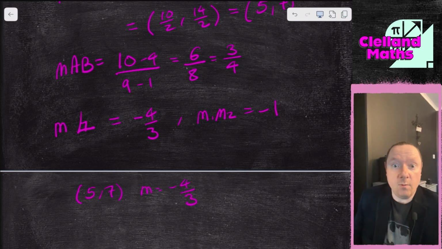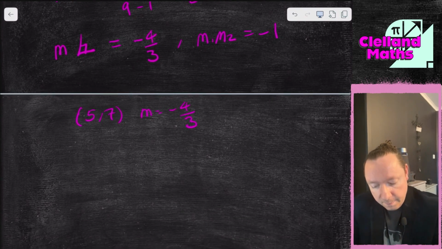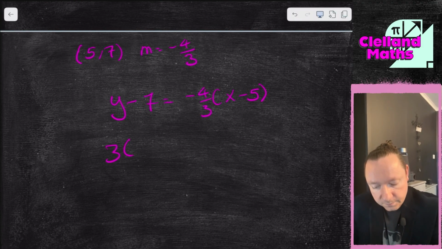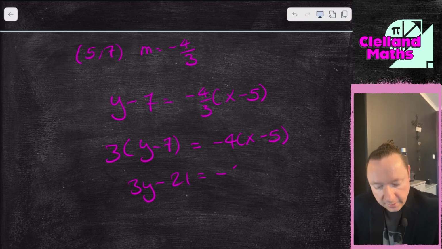So once again, y minus b equals m(x minus a). So then we can just take the 3 up, 3(y minus 7) equals minus 4(x minus 5). 3y minus 21 equals minus 4x plus 20.